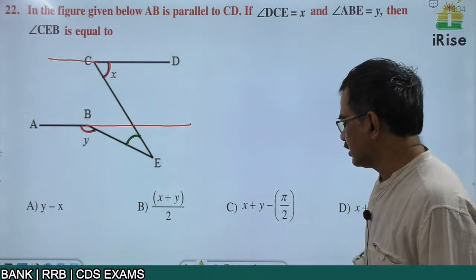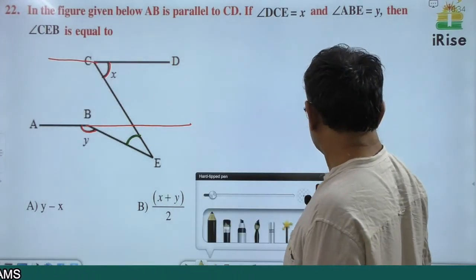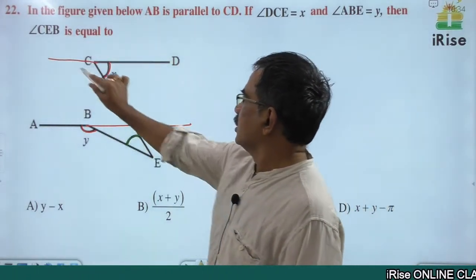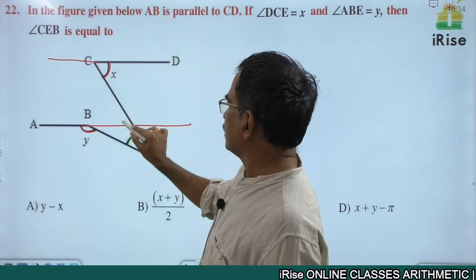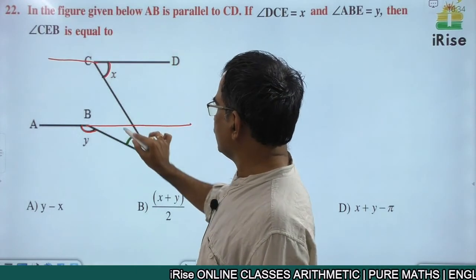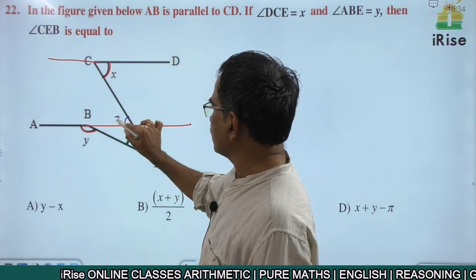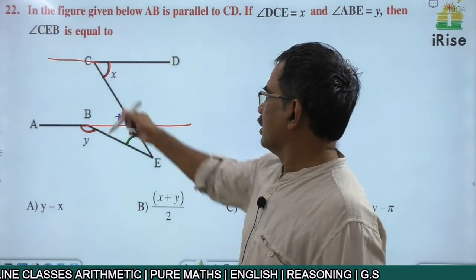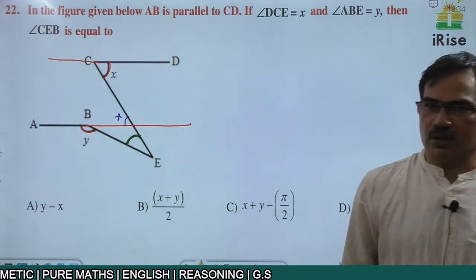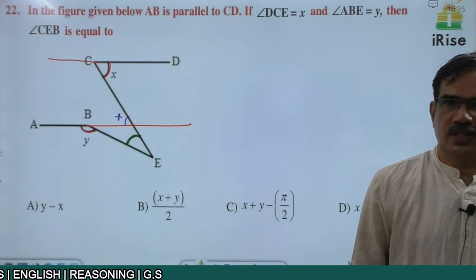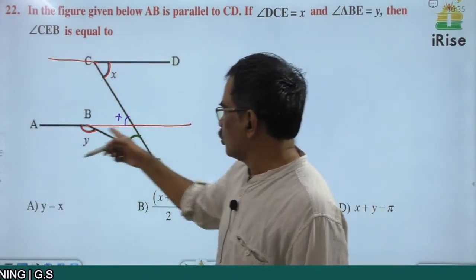Okay, so actually it's a very simple question. Listen, if these two are parallel lines, this is a transversal. So if this is X, this angle is also X. Alternate interior angles are equal. Next, this is totally a straight line.